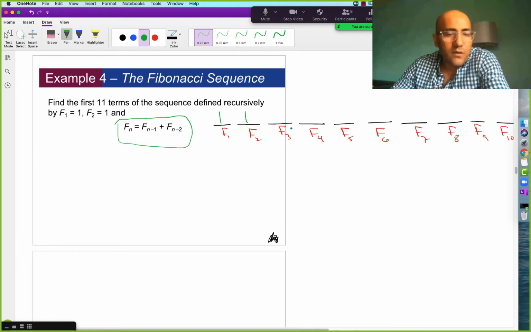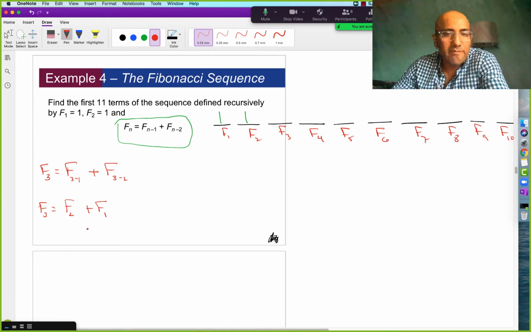So, for example, f of 3, where n equals 3, is equal to f of 3 minus 1 plus f of 3 minus 2. So f of 3 is equal to f of 2 plus f of 1. It means to just add the previous two values.